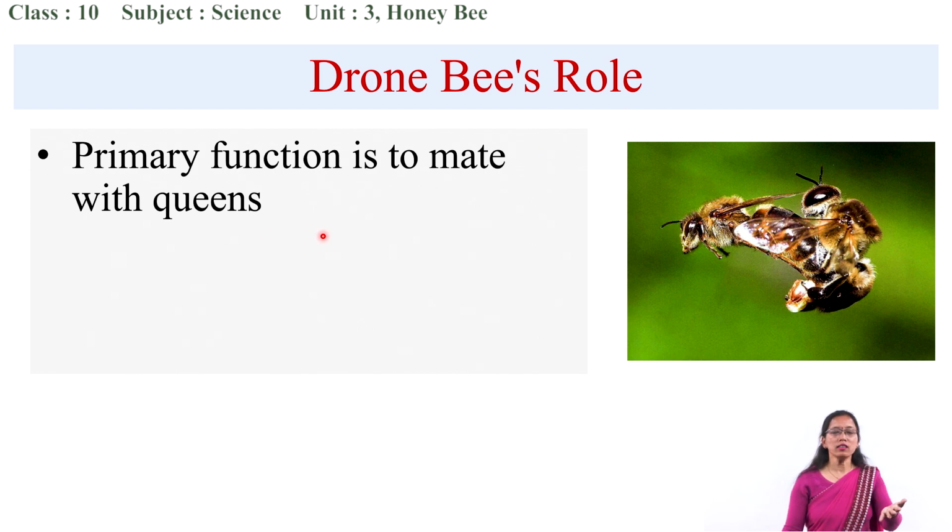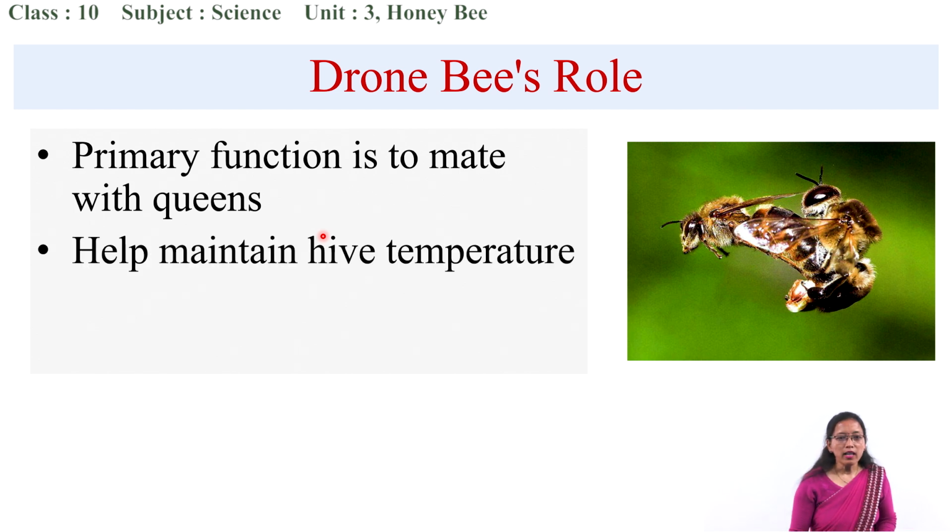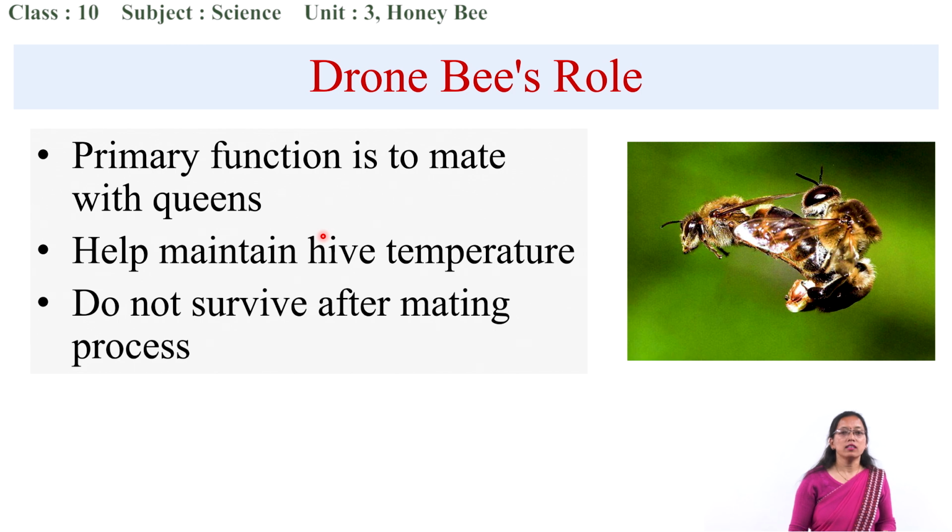It mates with the queen and discharges the sperms into the queen bee's body, which are collected in the spermatheca. It helps in maintaining the hive temperature. It stays outside the hive and maintains the temperature of the hive, and it doesn't survive after the mating. Once it mates with the queen, it will die.